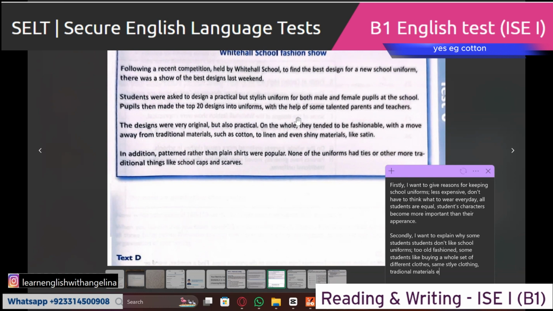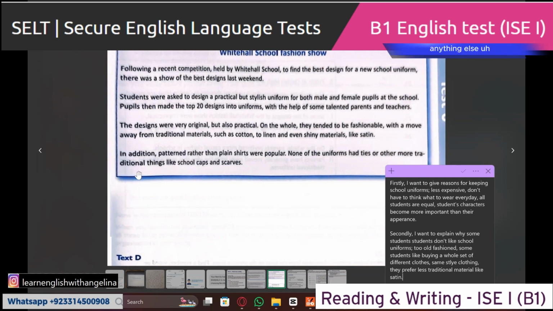Traditional materials, such as cotton. Or maybe you can say they prefer less traditional materials like linen and shiny materials like satin. It's your choice if you want to write the opposite of it, or if you want to write directly this. If you want to give it a different dimension, let's just change it to that they prefer less traditional material like satin.